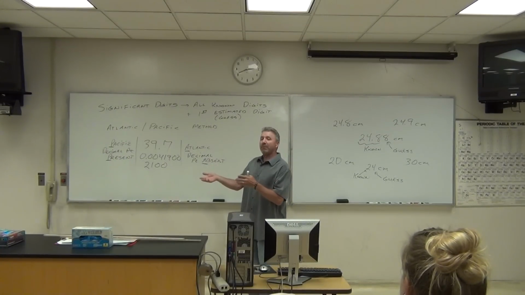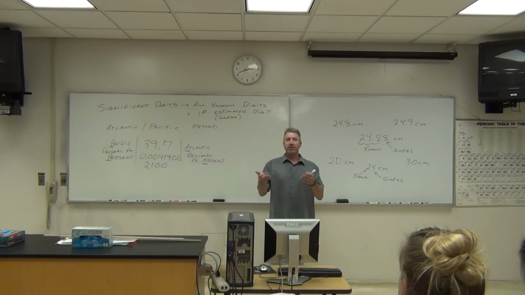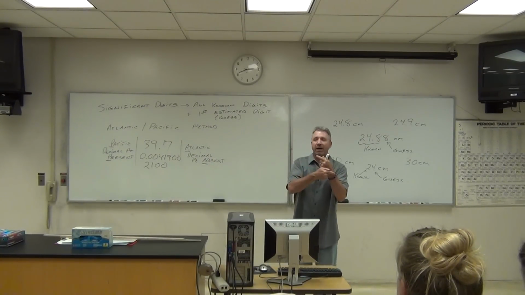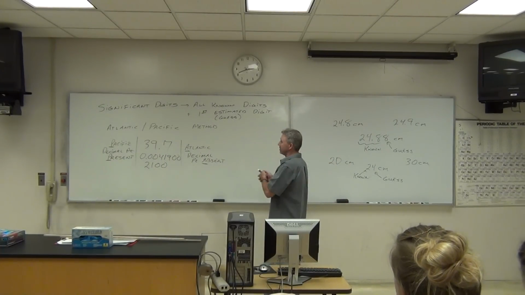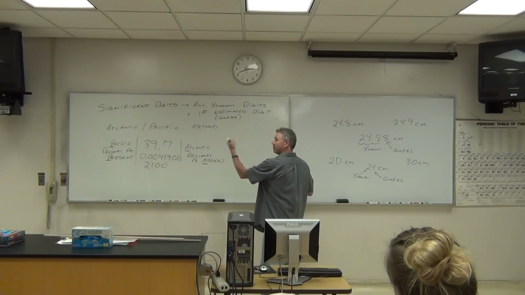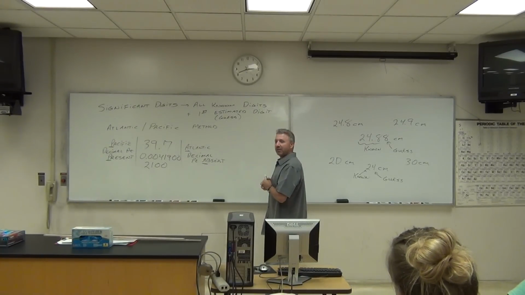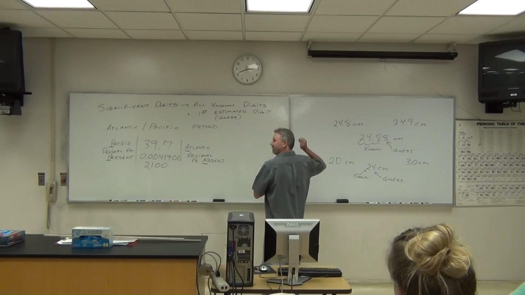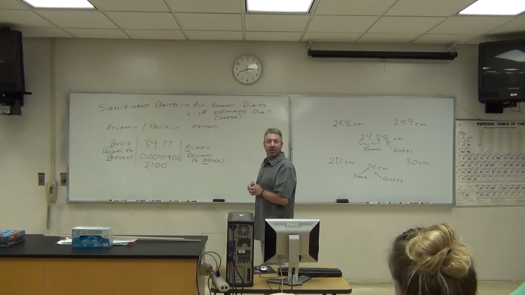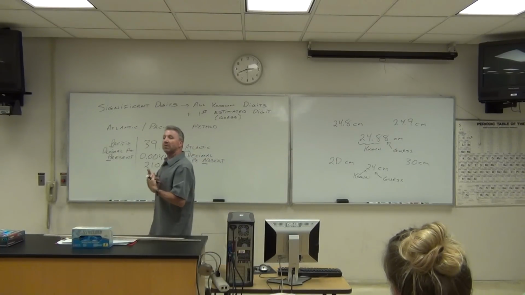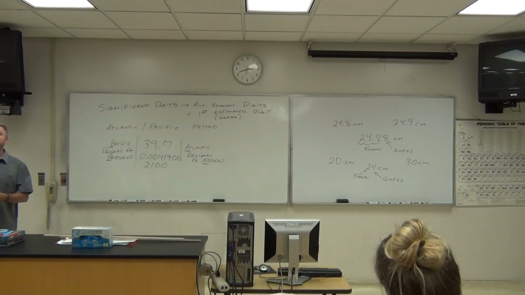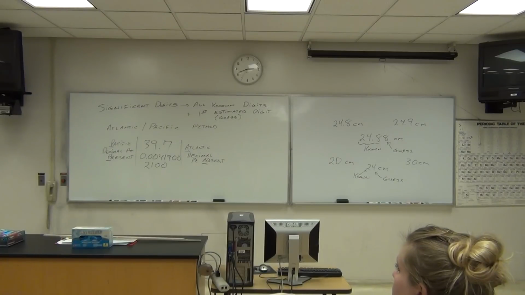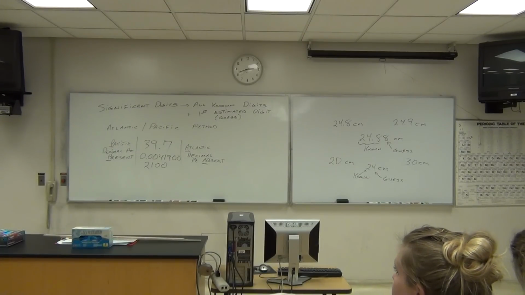When determining how many significant digits a number has, you're going to count left to right or right to left. Right? And in this particular instance, when you have decimal points, you count left to right. When you don't have a decimal point, you count right to left. But in either case, you don't start counting until you hit a non-zero number. And once you hit that non-zero number, you count all the way to the end, zeros or not.